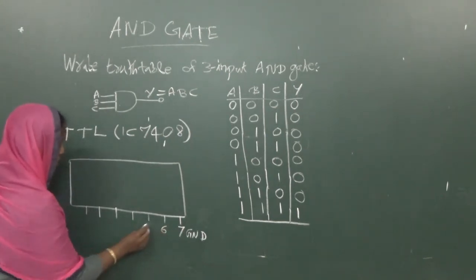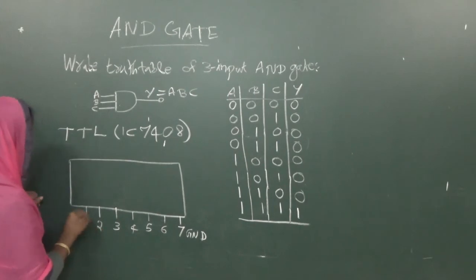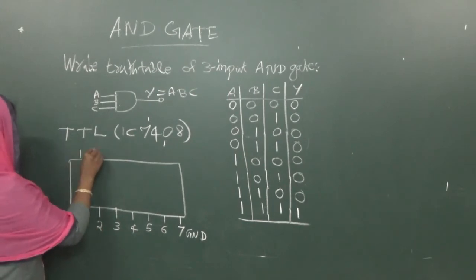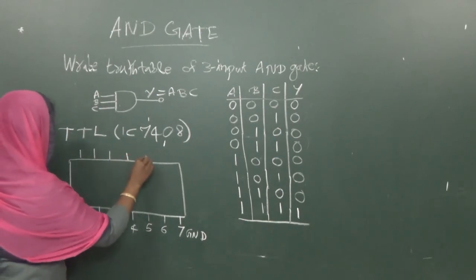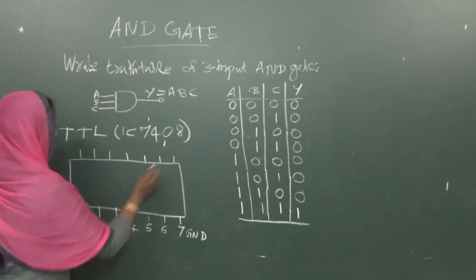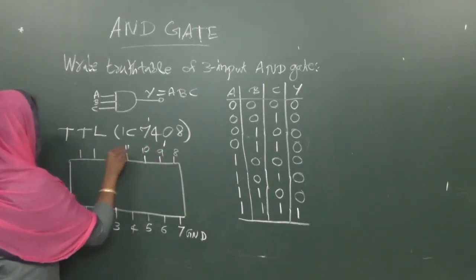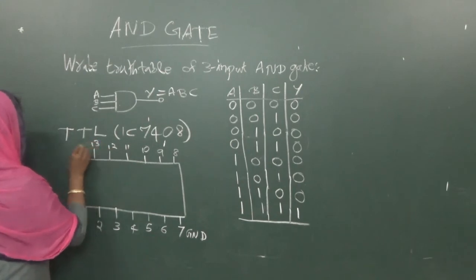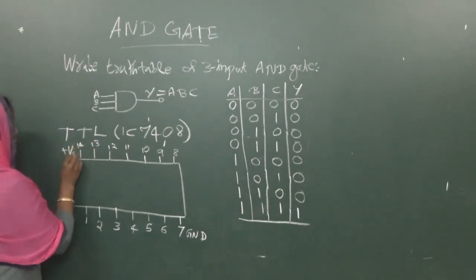Then 6, 5, 4, 3, 2, 1. Then on this side 8, 9, 10, 11, 12, 13 and 14. The 14th pin is plus VCC.